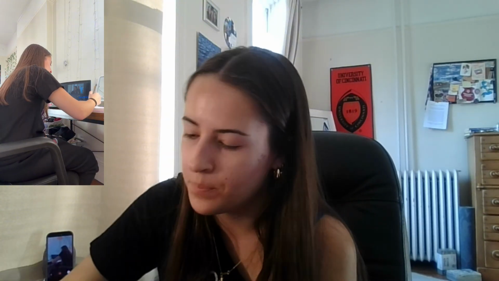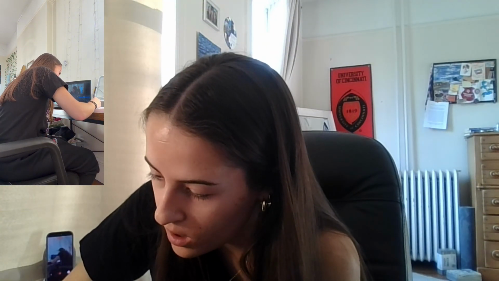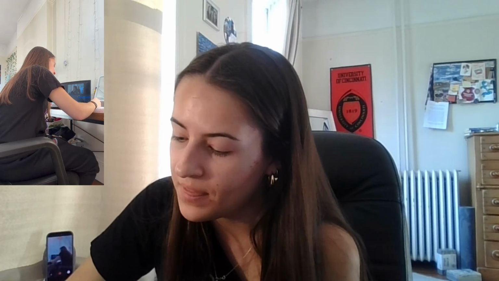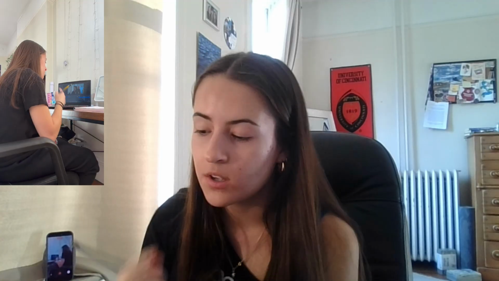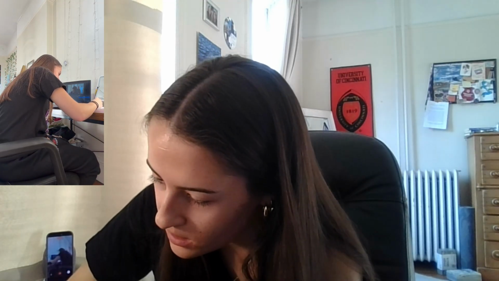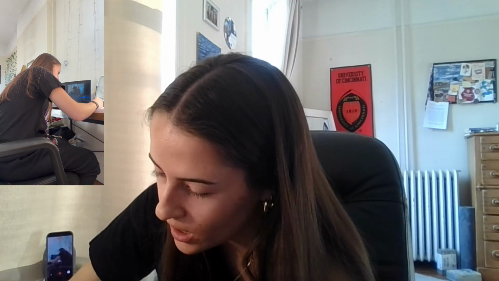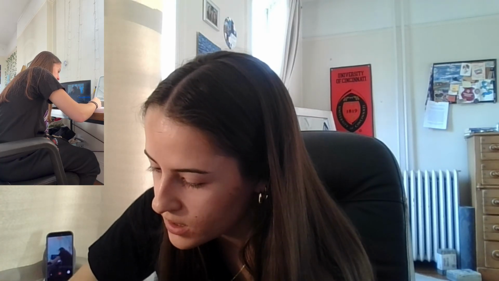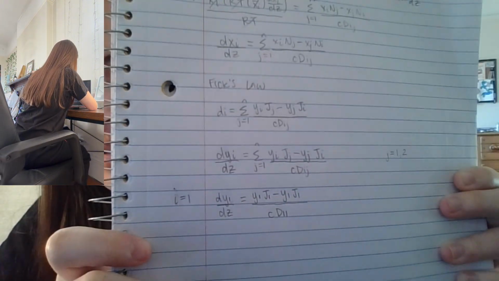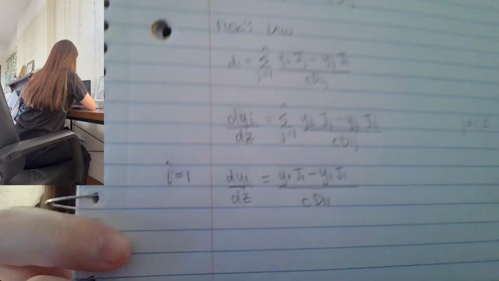So as I said, j could equal 1 or 2. So we'll start with j equaling 1. We have y1, so substituting that 1 in for i, and then J1 as well, substituting j in for 1, minus y1 again, J1, all over cĐ11. So this is the first piece in our summation where j is equal to 1.